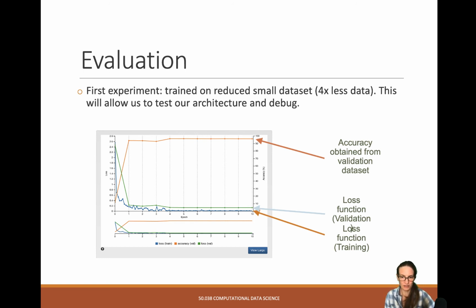I see first that the training loss function, which is the blue line, goes down nice and smooth, which we expect. The validation loss, I used part of the training set to validate, also goes down. And yes, the accuracy of the validation set goes up. Excellent. Looks good, right? Looks good.